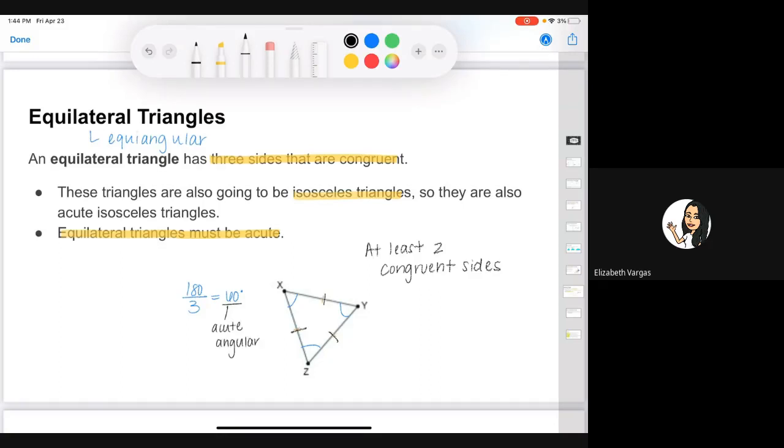Well, that being said, if I know that my equilateral triangle can be an isosceles triangle, but I also know that it has all acute angles, then I know that my equilateral triangle can also be an acute isosceles triangle. Why? Because all of the angles must be acute in an equilateral triangle, and I have at least 2 congruent sides.